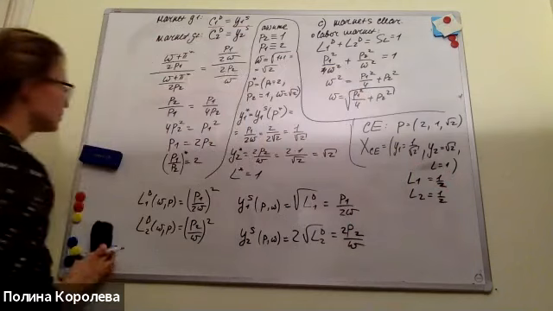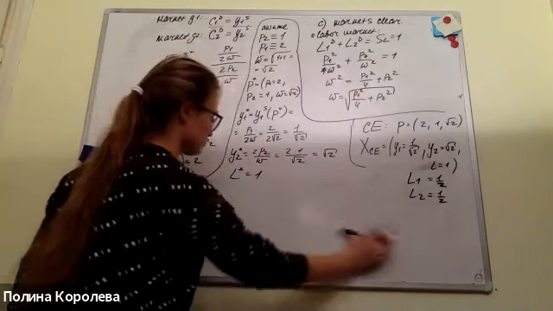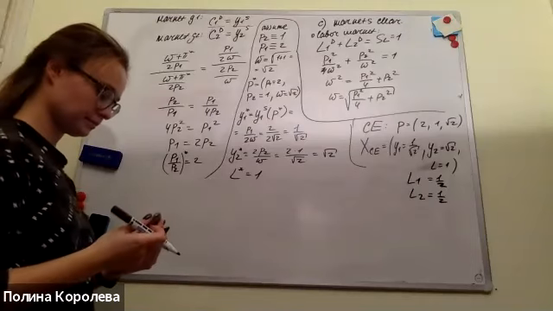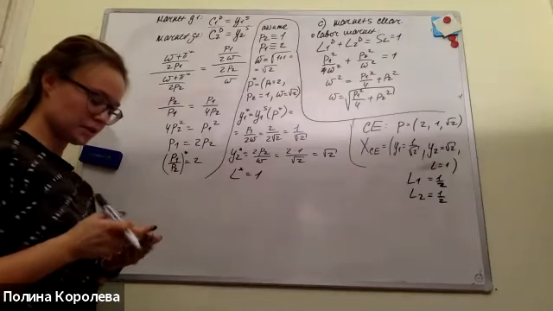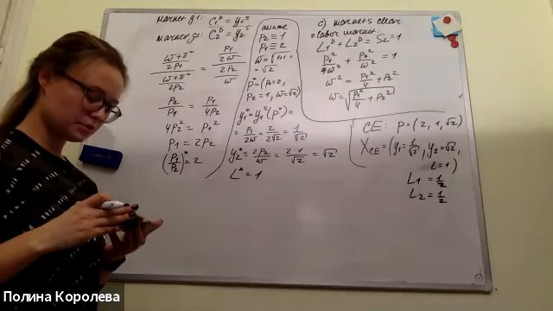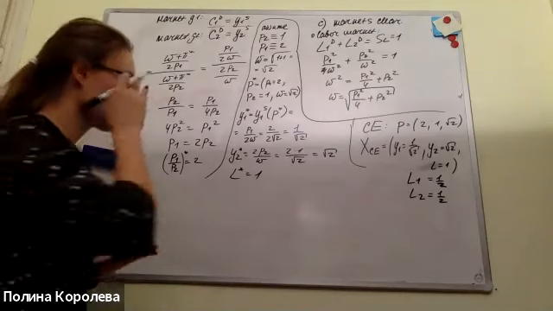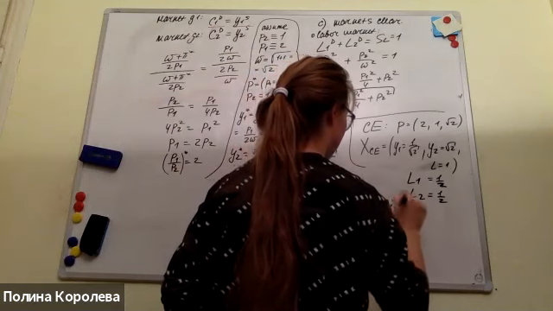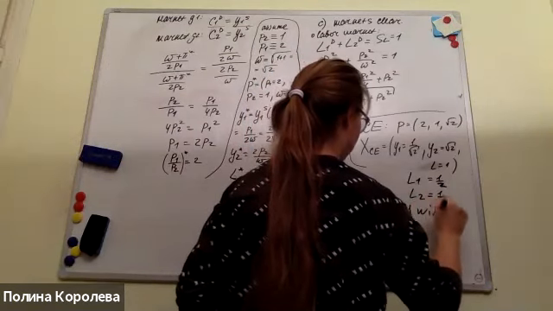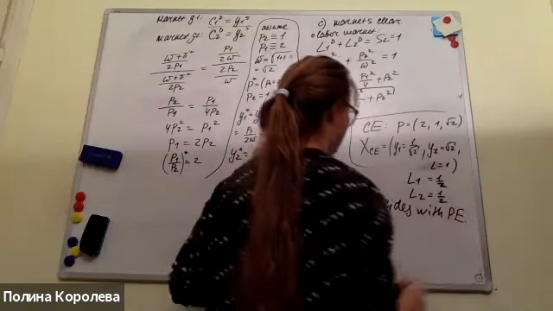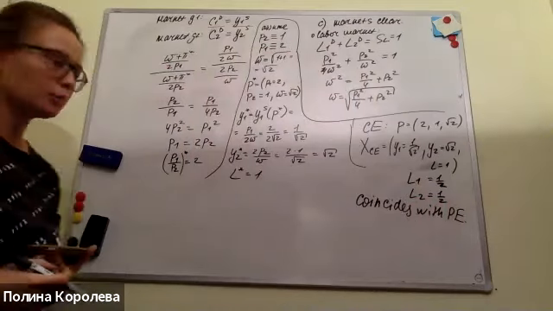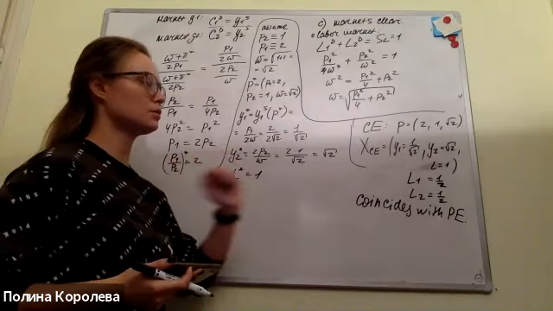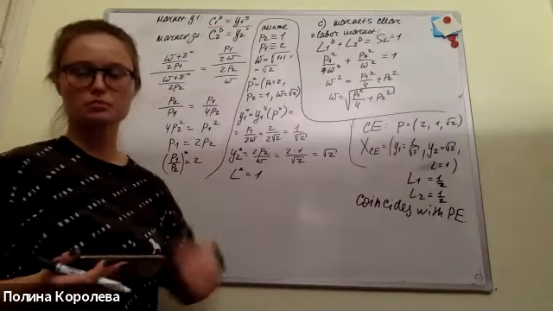But also, how can we answer this question if we did not count the Pareto efficient allocation before?